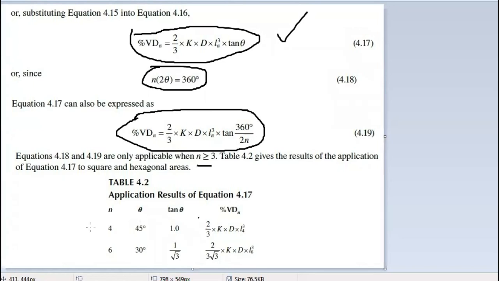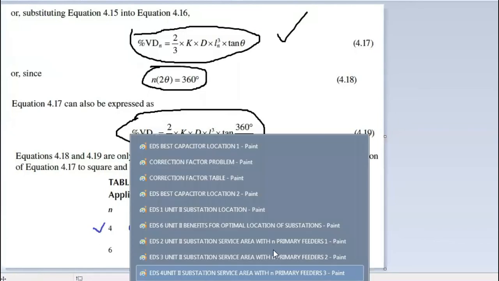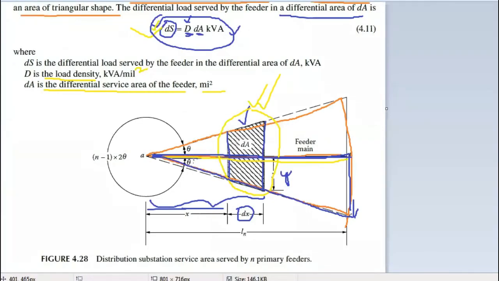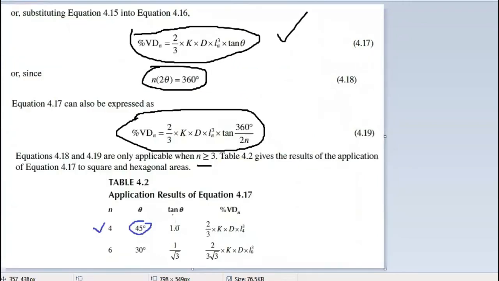So if you consider the number of feeders as 4, it is a square shaped service area, and take the angle as 45 degrees. That triangle angle is the first one, so theta equal to 45 degrees. Then tan theta becomes 1. Then you can calculate 2/3 into K into D into Ln cube, since tan theta is 1.